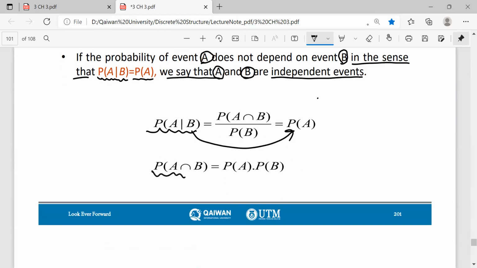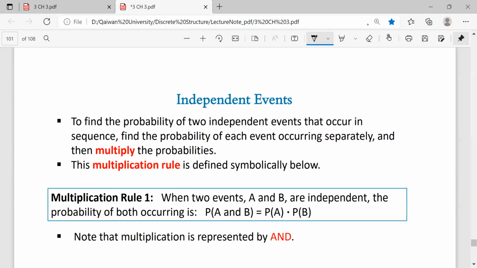Let's write that probability of A intersection B is probability A times probability B. To find the probability of two independent events that occur in sequence, find the probability of each event occurring separately. We find the probability of event A and event B separately. Then we multiply them.